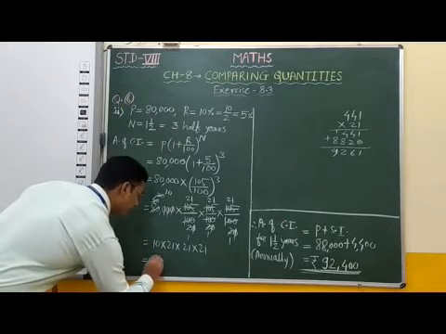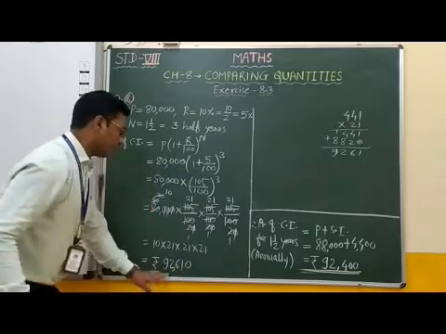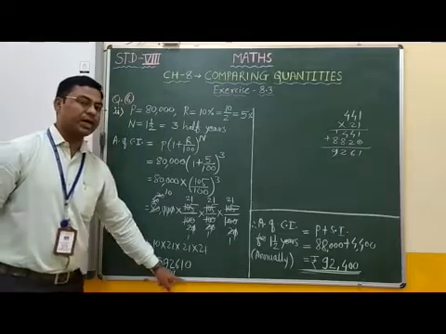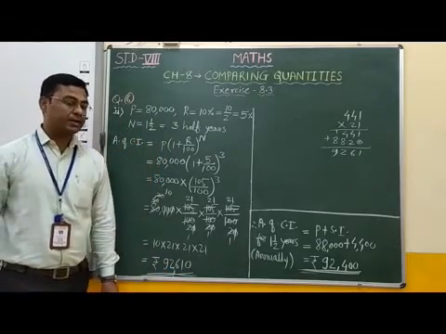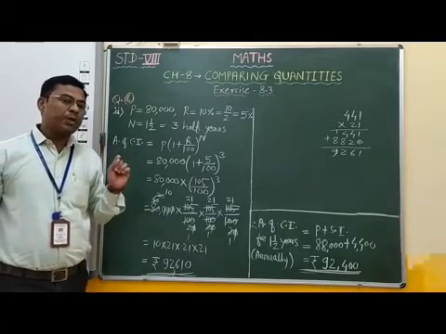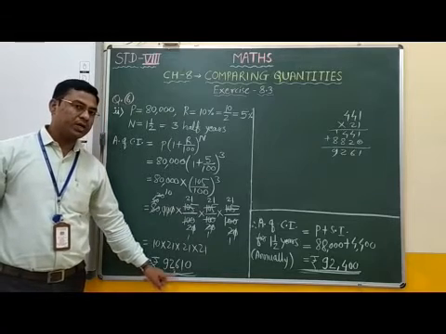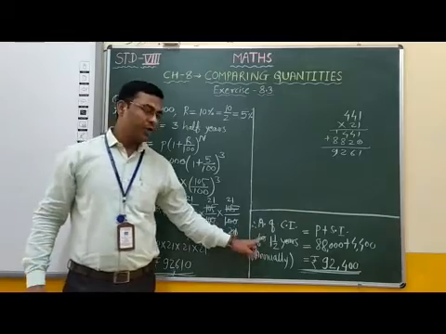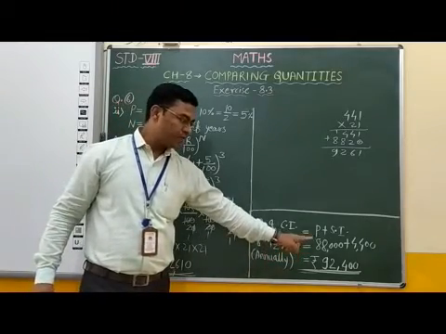Therefore here rupees 92,610. Therefore students, we can say that the amount of compound interest compounded half yearly is equal to rupees 92,610, and the amount of compound interest compounded annually is equal to 92,400.